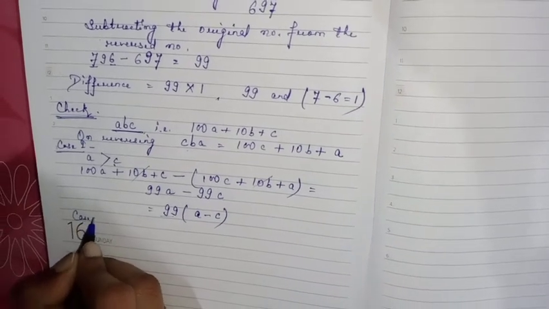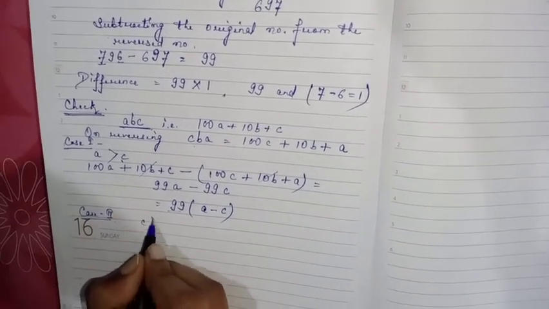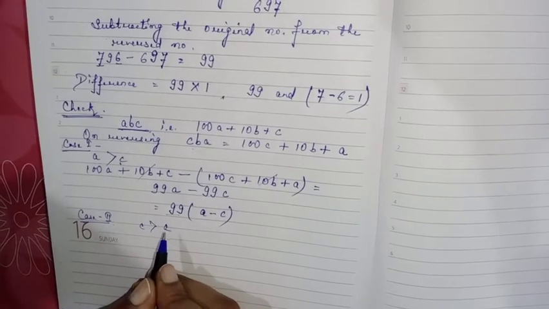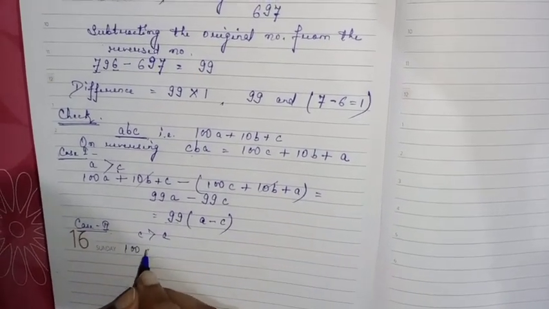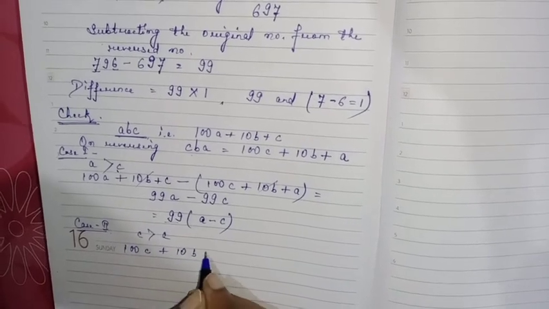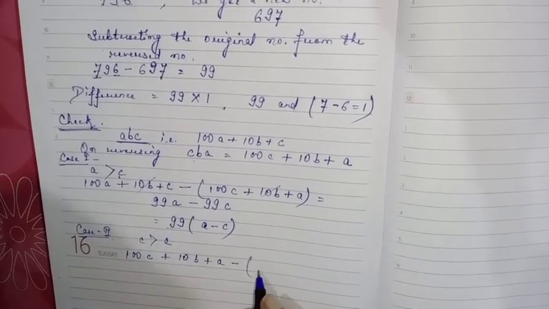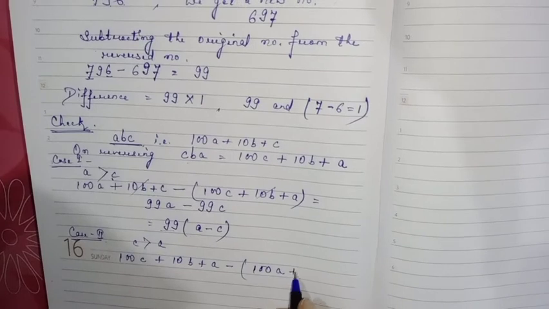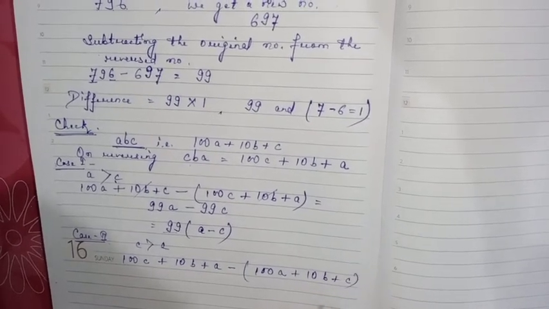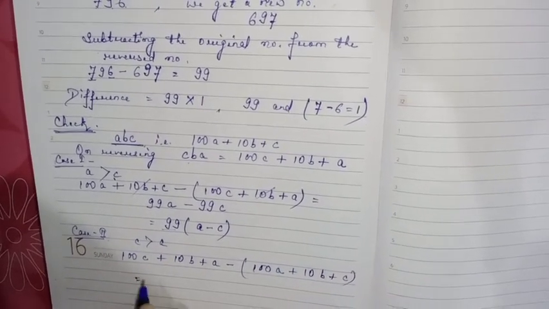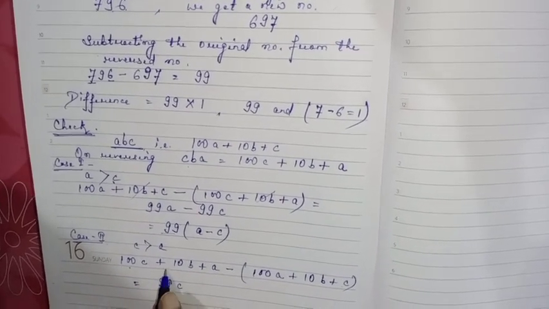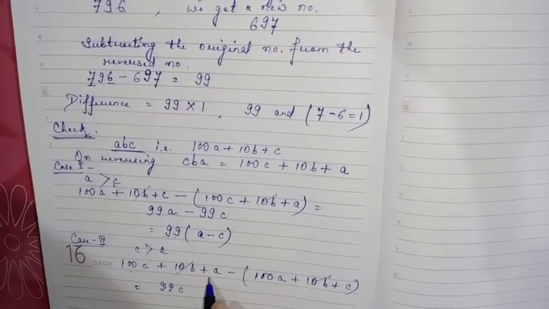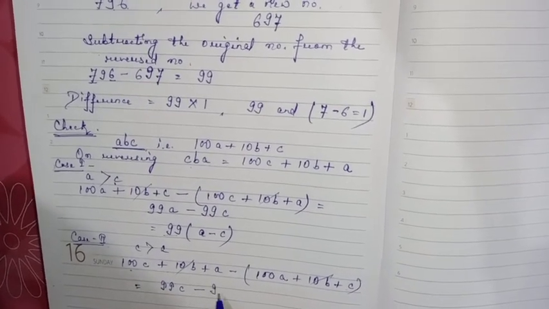Then case 2, suppose C is greater than A, then what will happen? Now this one will be 100C plus 10B plus A minus 100A plus 10B plus C. So 100C minus C is 99C, plus 10B minus 10B cancel, plus A minus 100A, that is minus 99A.